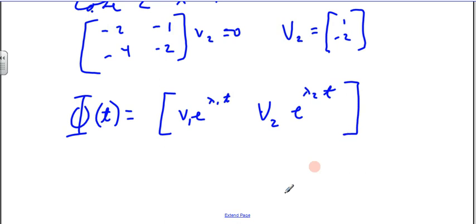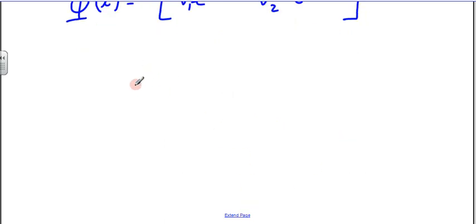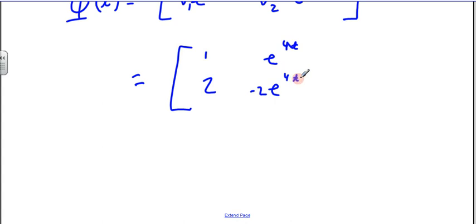Okay, so that's what it is. And we'll write it one more time: that's going to be 1, 2, e to the 0t, 1, minus 2, e to the 4t. Okay, well that seems like a reasonable thing to do.